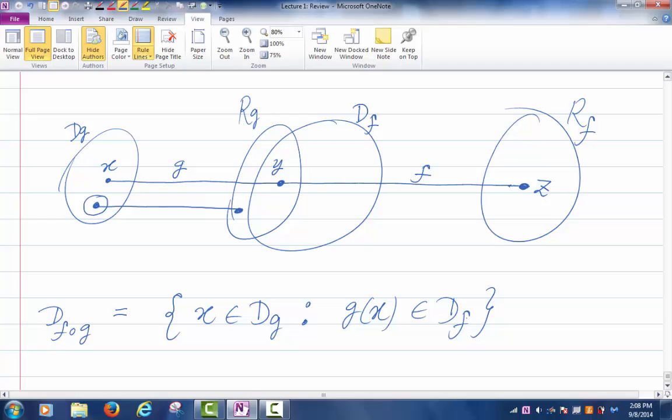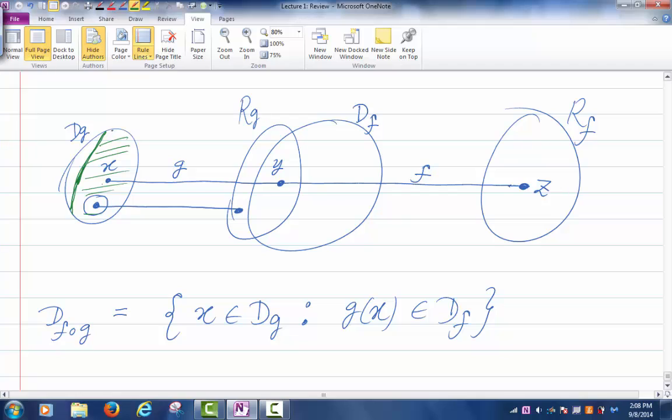Okay, so in the domain of g, you pick all values of x for which g of x is in the domain of f. That would be the domain of the composition. So basically, maybe let's say that here is a breakup of the domain of f, and this green side is the domain of the composition.